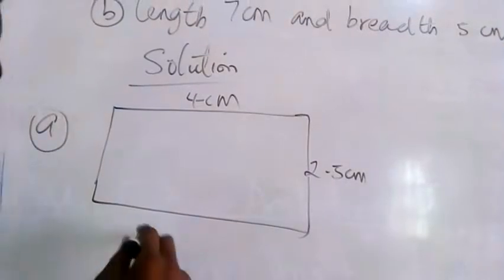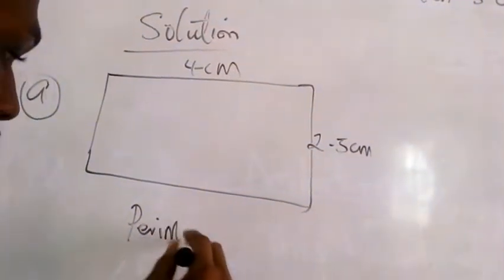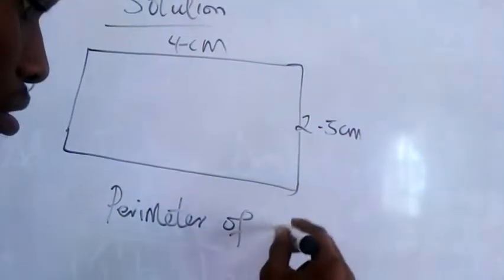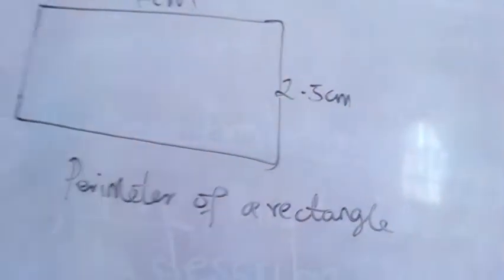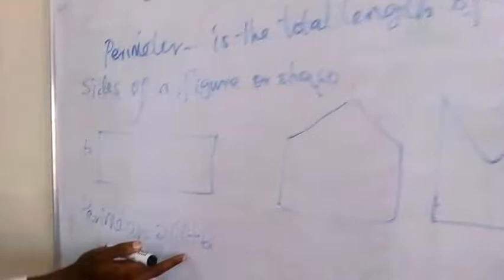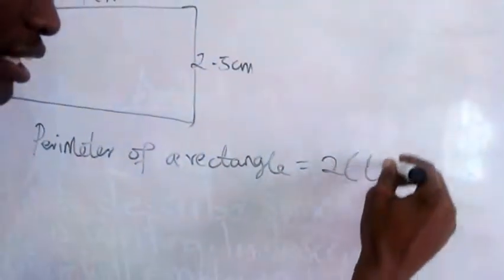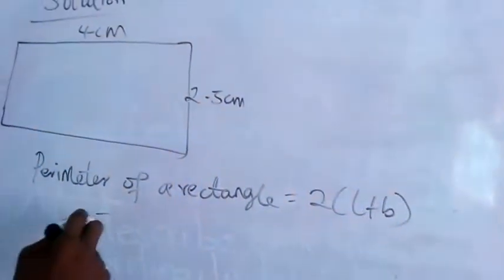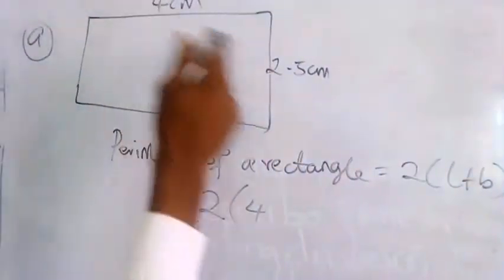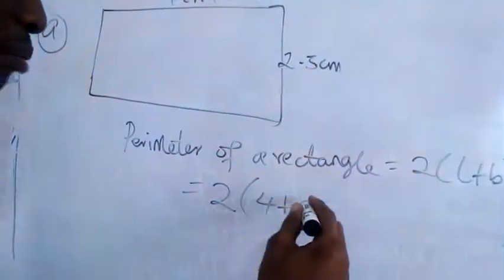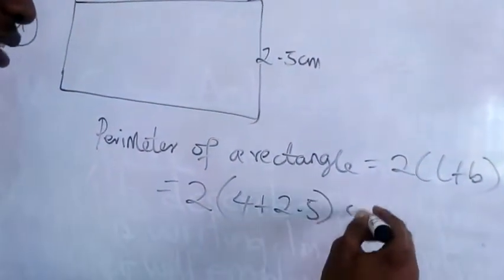So we say perimeter of a rectangle. From our formula, we have 2 into bracket length plus breadth. We have 2 into bracket 4, our length, plus our breadth, 2.5 cm.